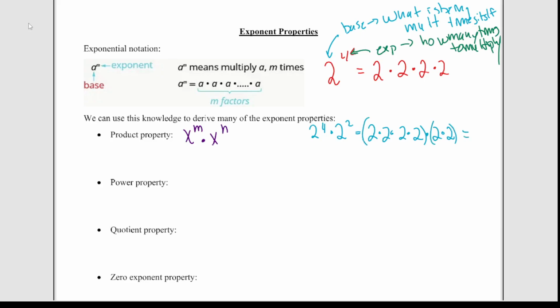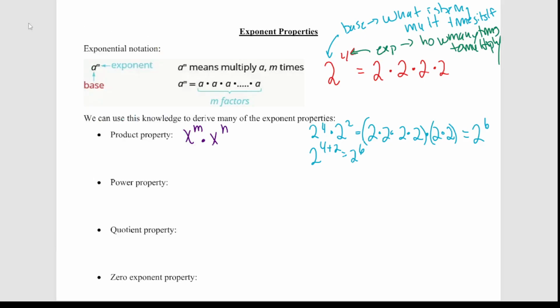Or how could I more succinctly write that? 2 to the 6th power. What did I do with those two exponents? Ultimately I added them to give us 2 to the 6th. So in general, if I have the same base to an exponent times the same base to another exponent, what I'm going to end up doing is adding those exponents.